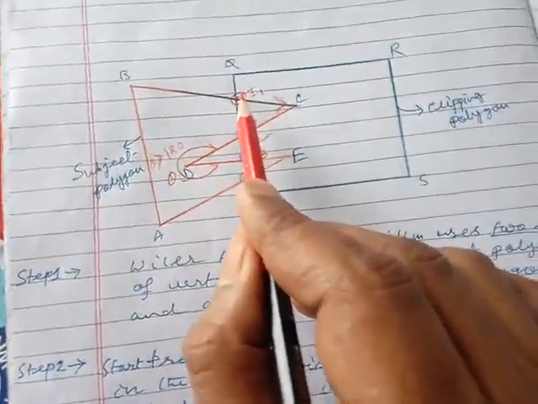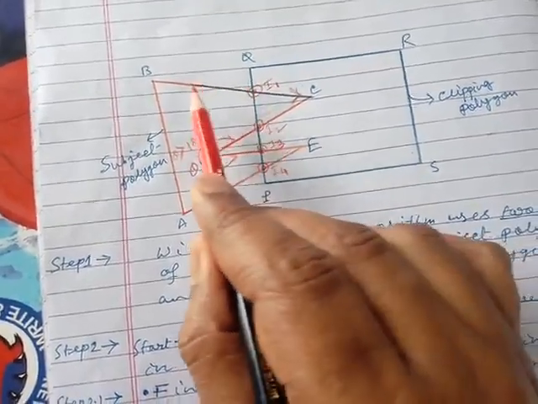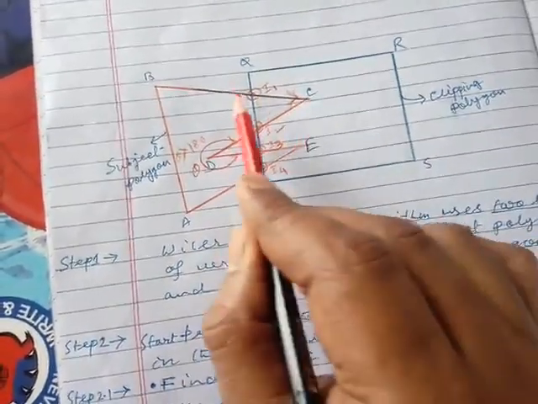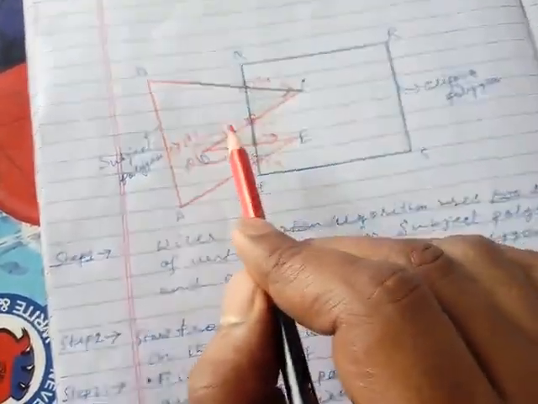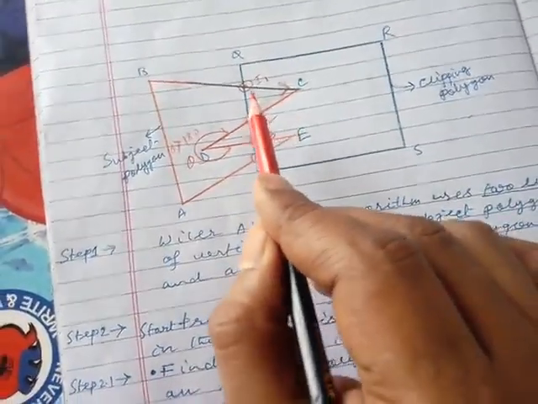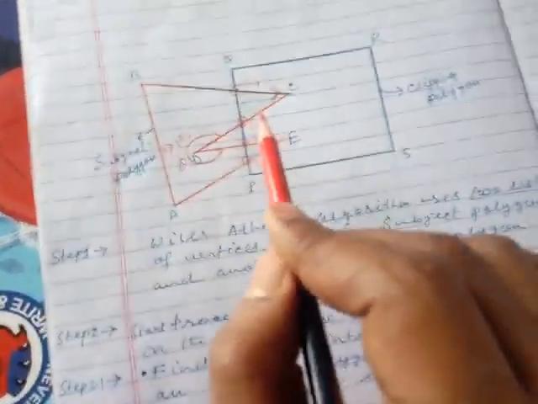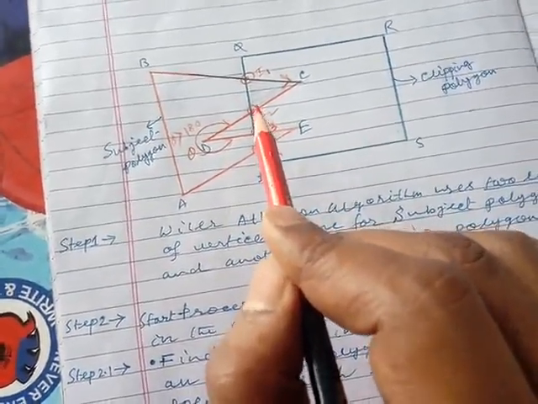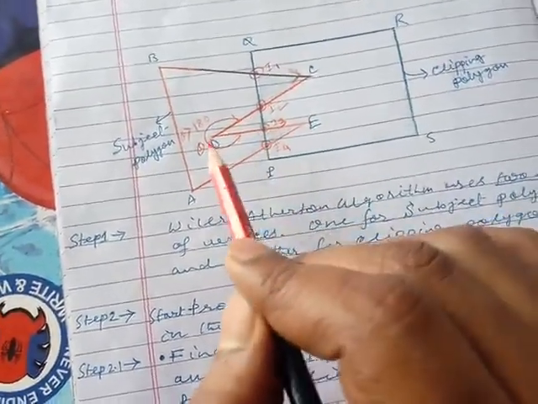So once we find the incoming edge I1, if we go on following the subject polygon edges in clockwise manner, the next point will be C, then the next intersecting point is I2, which is generated by the outgoing edge C to D of the subject polygon.